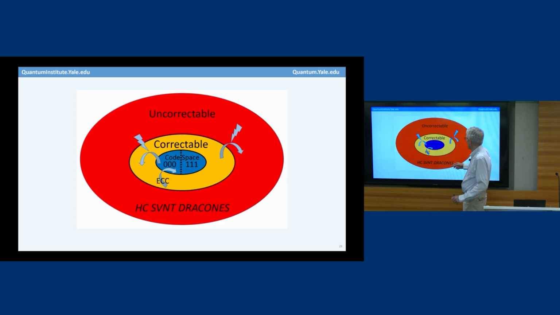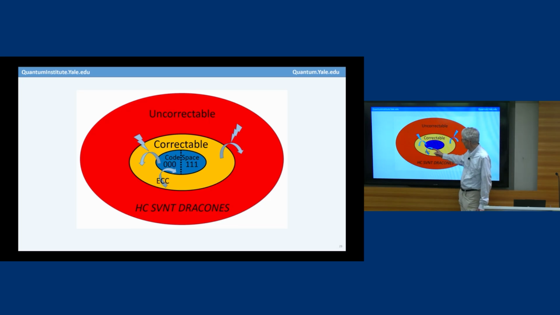And part of the space, let's say where there's 1 bit flipped, that's still correctable. But if there are 2-bit flips or 3-bit flips, you're out here in what used to be on ancient maps, here be dragons. You're going to get fooled if you're out here, or eaten by the dragons, right?